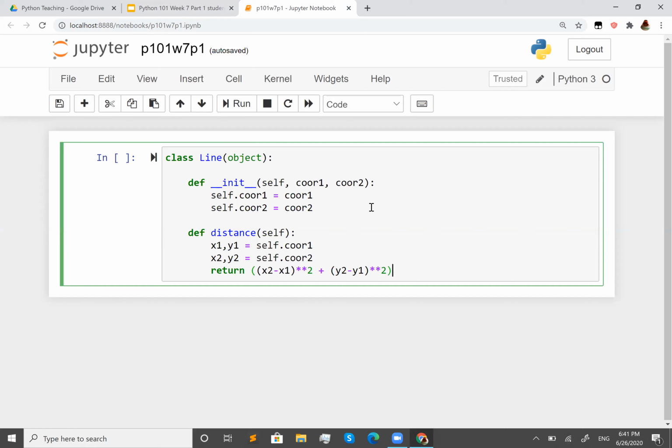Now, Python doesn't have a square root function, but if you want to create one, you can, but it's not permanently stored. So what you can do is, if x to the power of 2 is x squared, then x to the power of a half is square root x. So basically we're just gonna raise this to the power of 0.5.